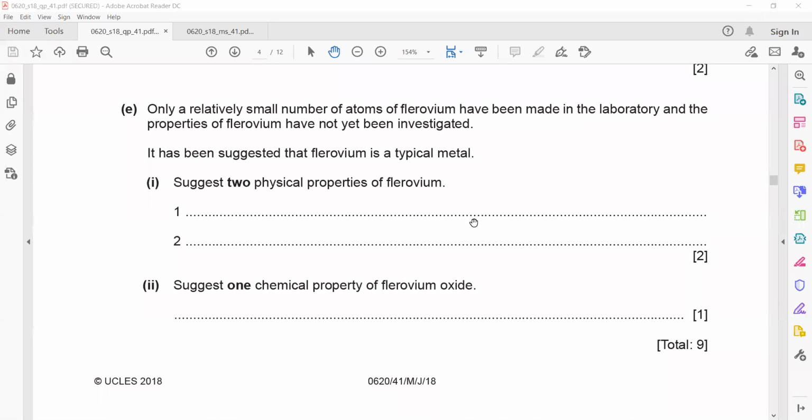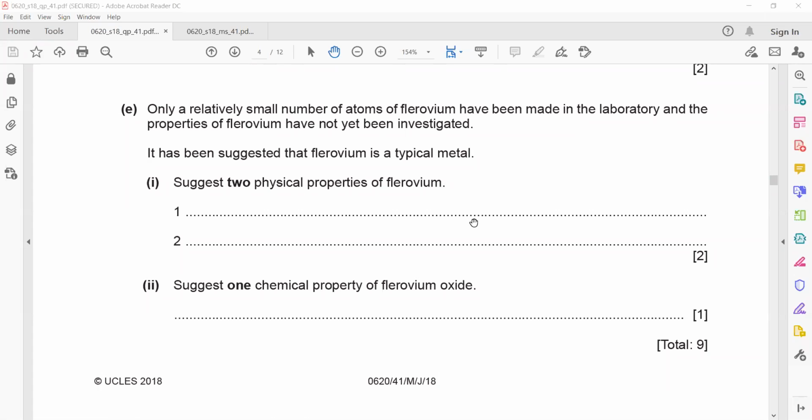Only a relatively small number of atoms of flerovium have been made in the lab and the properties have not yet been investigated. It has been suggested that it is a typical metal. So what are the properties of typical metals?